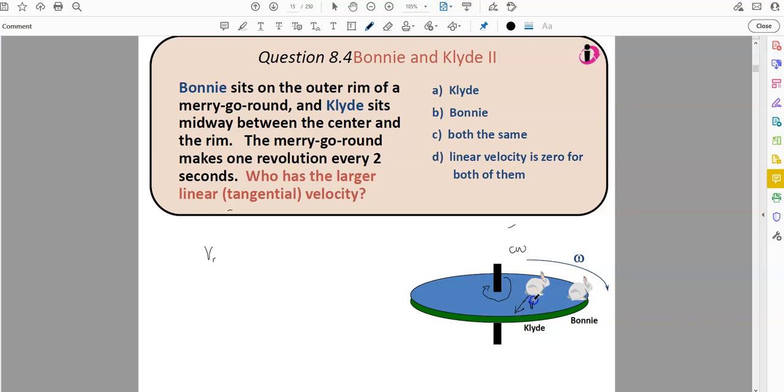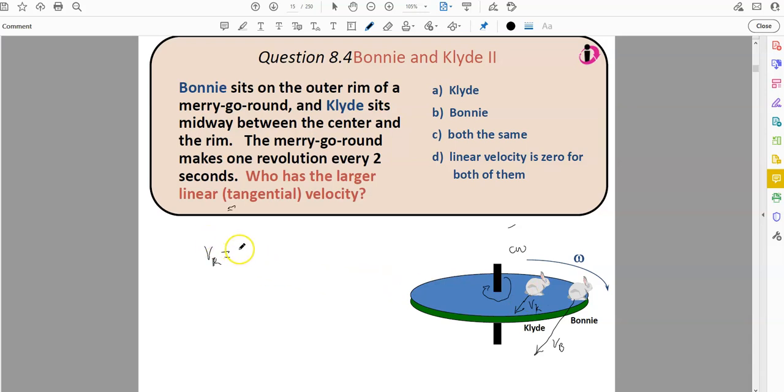That's Clyde's velocity vector, v sub k. Bonnie's velocity vector is going to be twice that of Clyde's. Okay, and that is because Clyde is at a half radius of Bonnie.